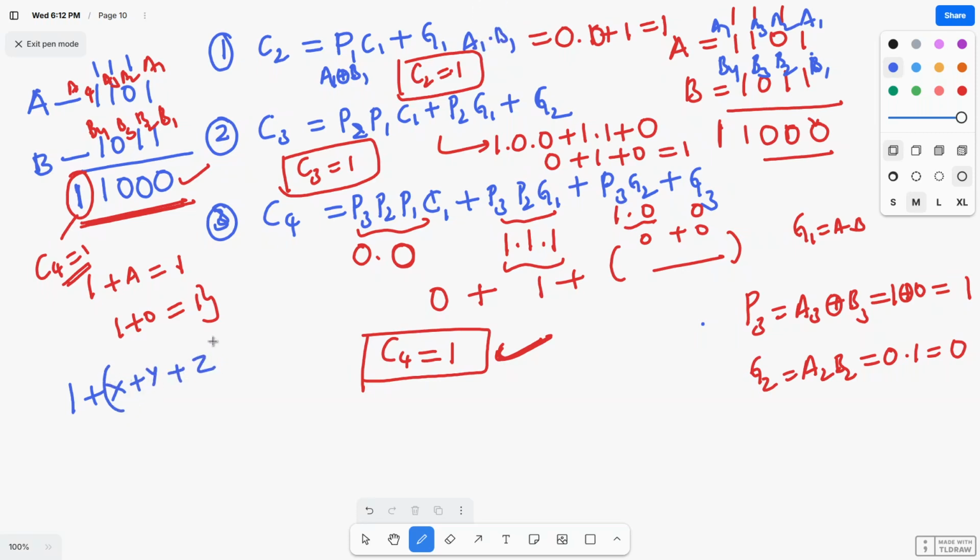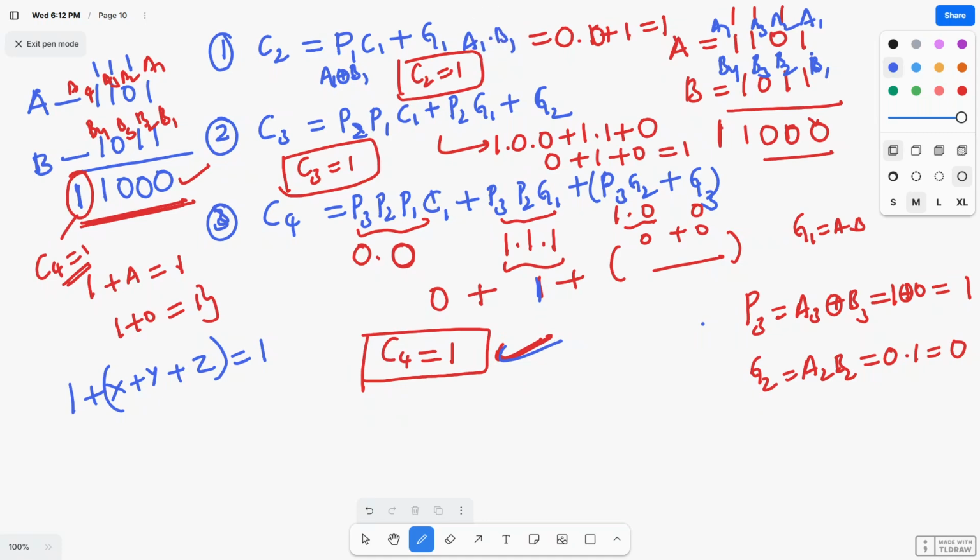Suppose if you consider this is the total equation, 1 plus something equal to what from Boolean algebra? 1, sir. So that's it. Irrespective of these inputs, here you got 1. So that means total value becomes 1. We are making it like Boolean algebra.